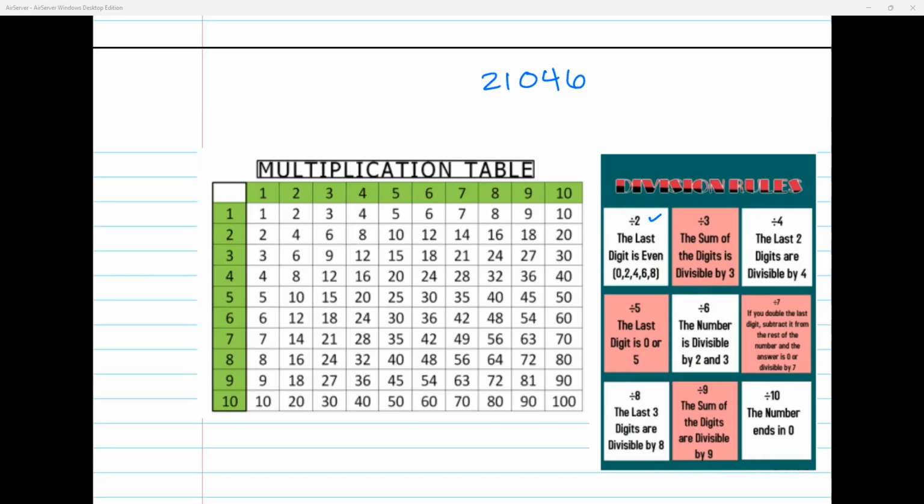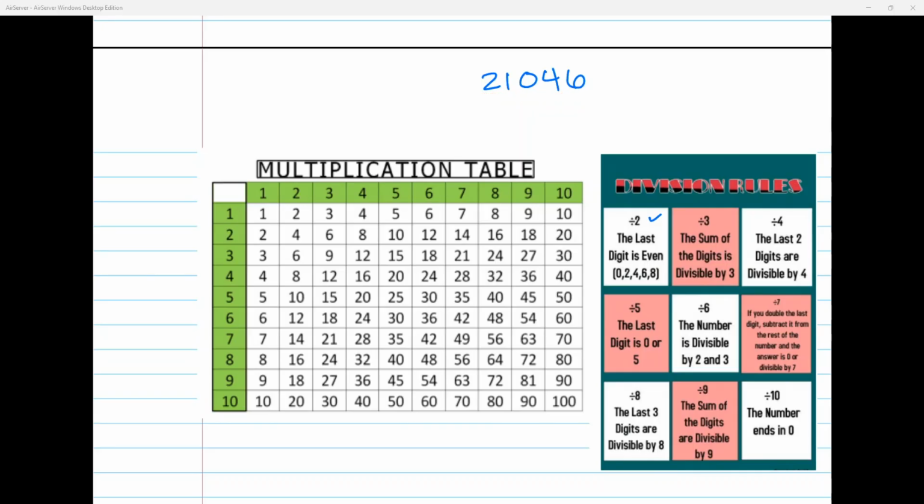Let's take a look at divisible by 3 because it's actually a pretty nice rule, and a lot of students don't know it. The rule says it's divisible by 3 if the sum of the digits is divisible by 3. So again, here's this large number, and I want to see if I divide it by 3, is it going to divide evenly? Well, the rule says we're going to add these numbers up. 2 plus 1 is 3, plus 0 is still 3, plus 4 is 7, plus 6 is 13.